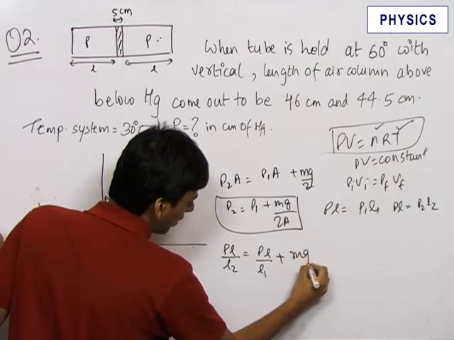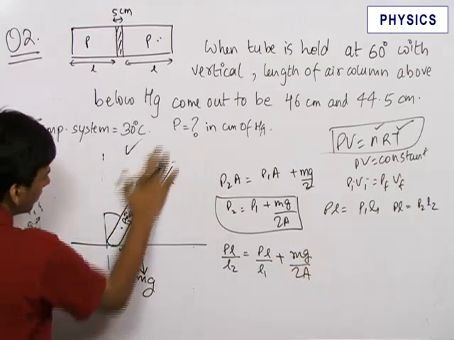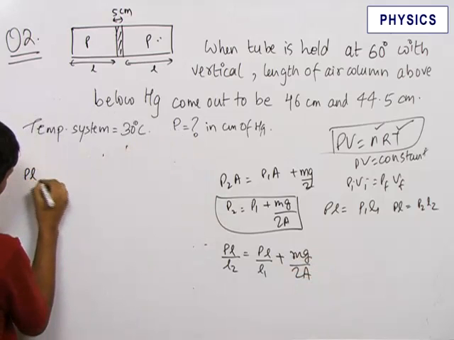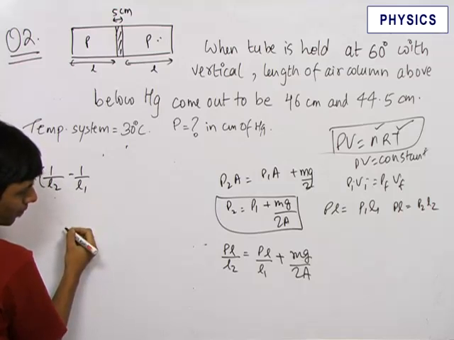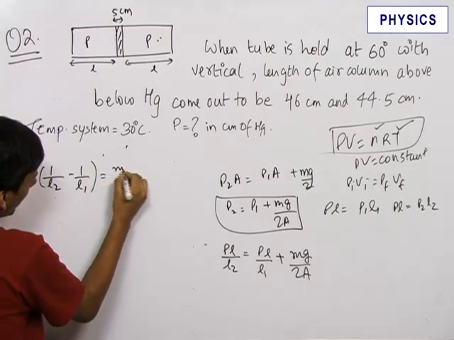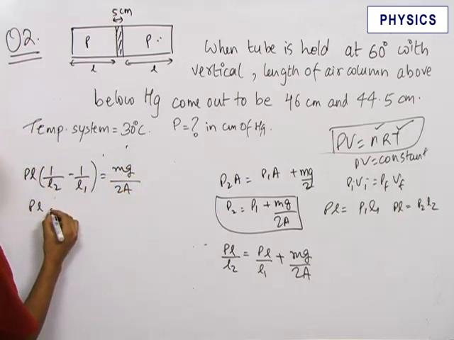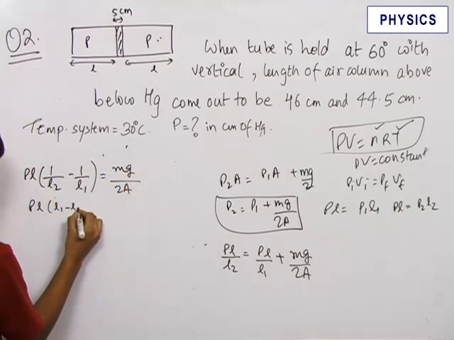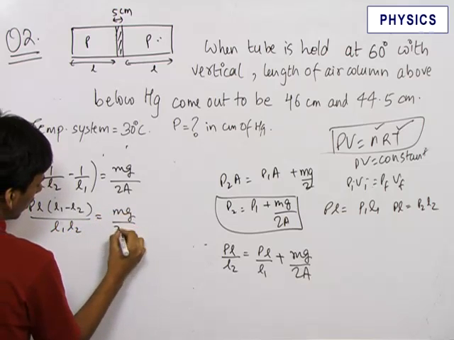plus mg upon 2A. Now we can write P into L into 1 upon L2 minus 1 upon L1 is equal to mg upon 2A. Therefore P into L into L1 minus L2 upon L1 L2 is equal to mg upon 2A.